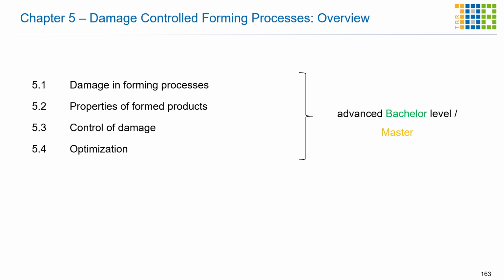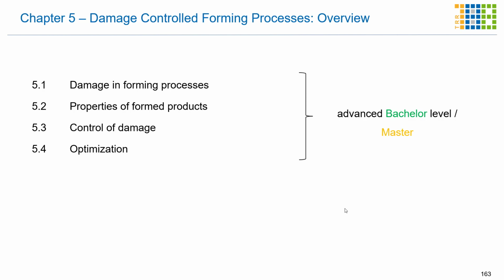And finally, we will discuss the final product performance in terms of crash capacity as well as the fatigue life. We would classify this entire chapter as advanced bachelor level as well as basic master level.